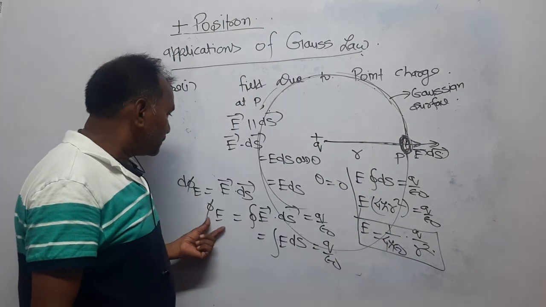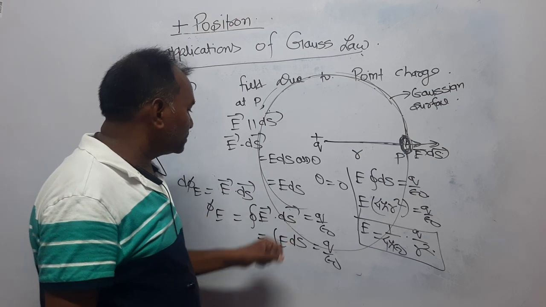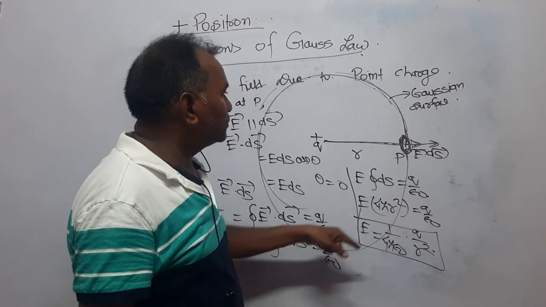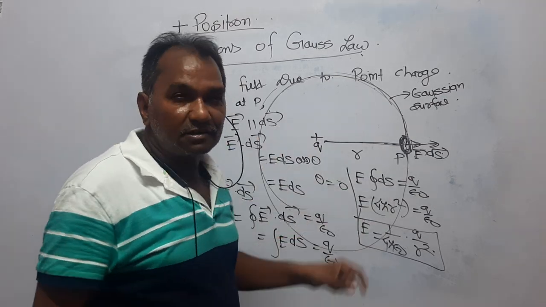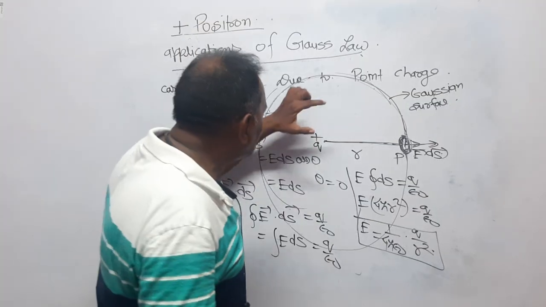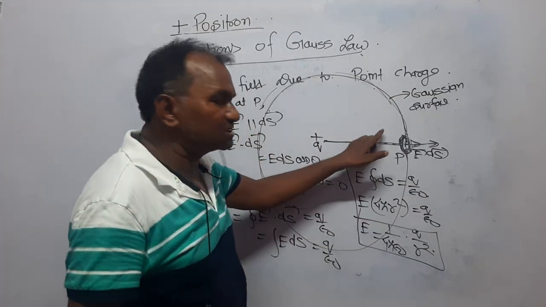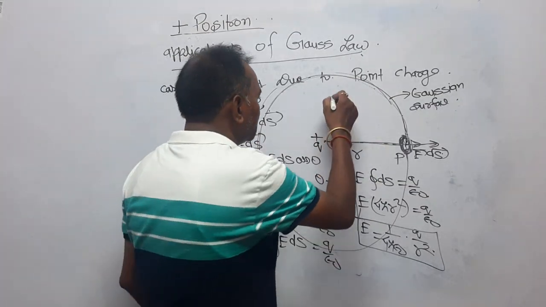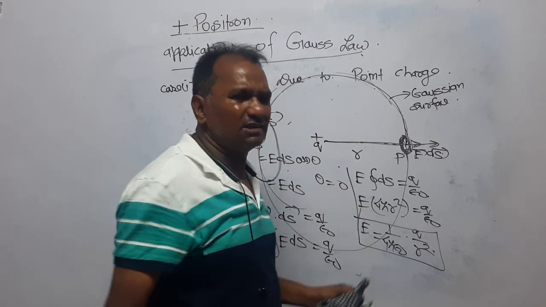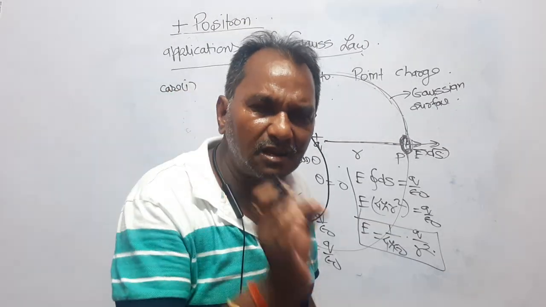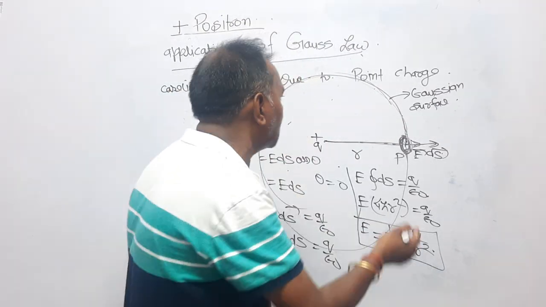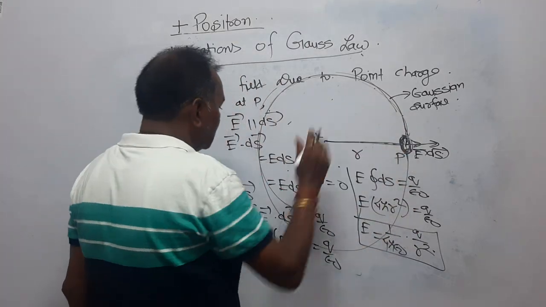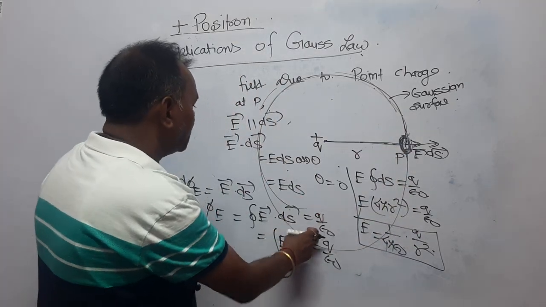Now phi is equal to integral E dot ds, and applying on the closed surface, the total charge inside this surface, wherever it is kept is immaterial, is the algebraic sum of total charge enclosed in that. That is q upon epsilon naught.